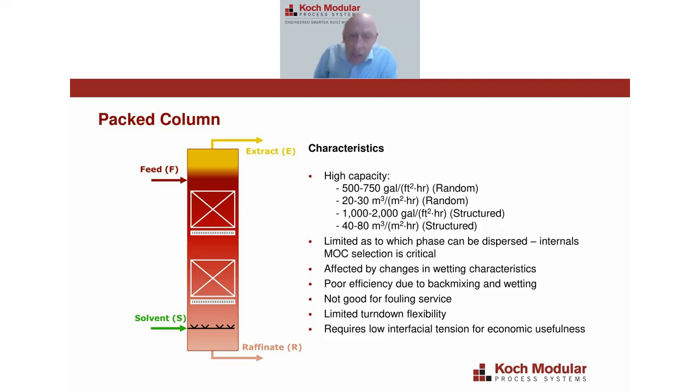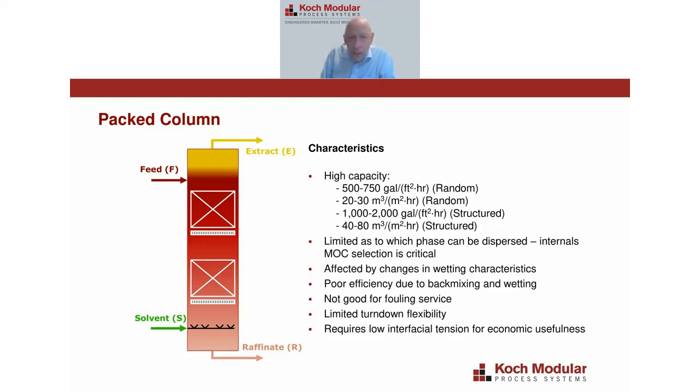What we learned in these two cases is that something started to plate out on these internals, causing the dispersed phase droplets, instead of bouncing off and breaking up into smaller droplets, to actually coalesce on the internals, again, where you lose mass transfer area, and those columns started to lose their performance over a period of time. So in those cases, they had to every so often basically shut down and re-clean their column.